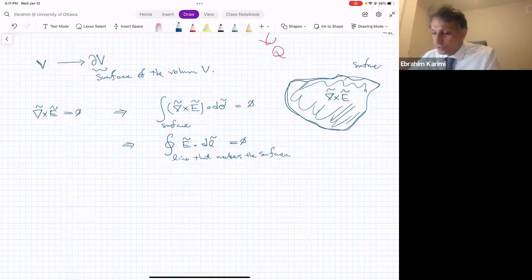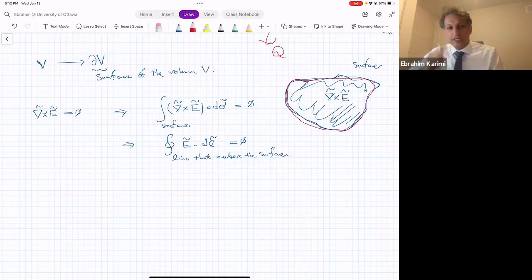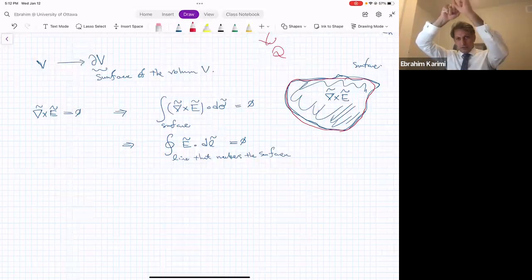Then using the Stokes theorem, I bring the electric field onto the line that is creating the surface, which leads to the conclusion that if you take the electric field moving around and coming back to the same place, you will get exactly the same value. Okay?